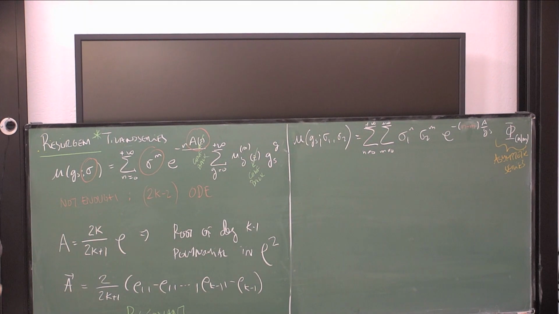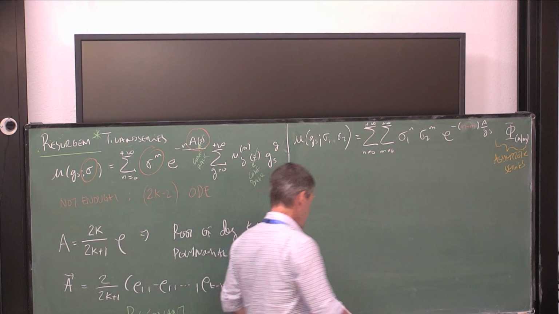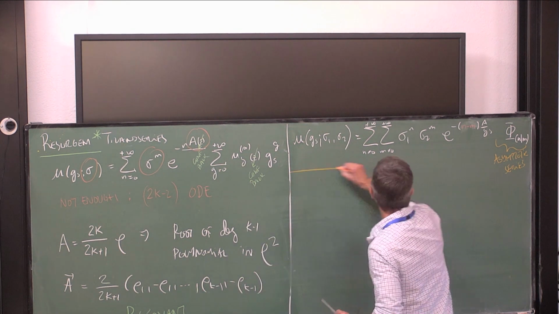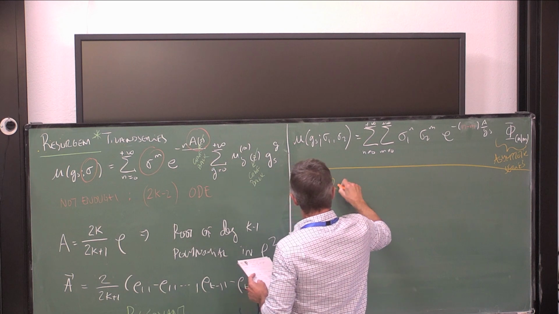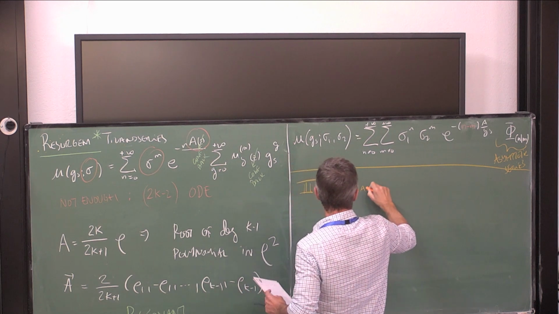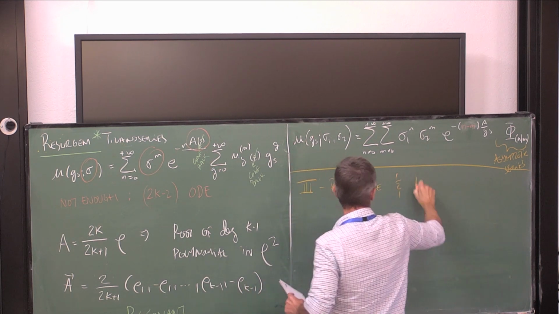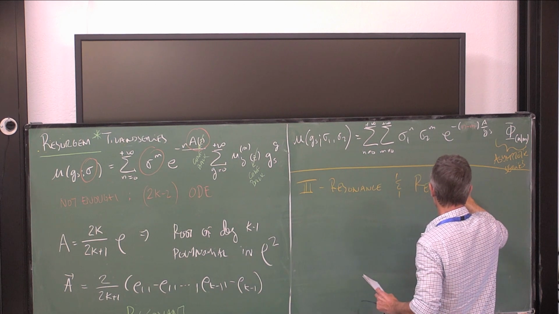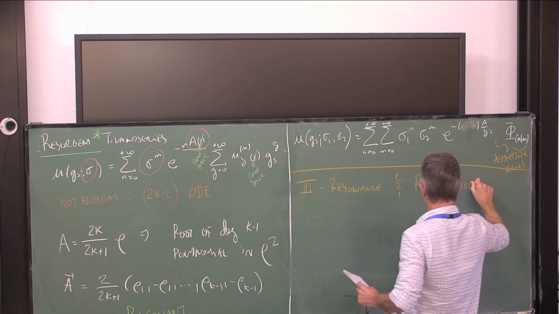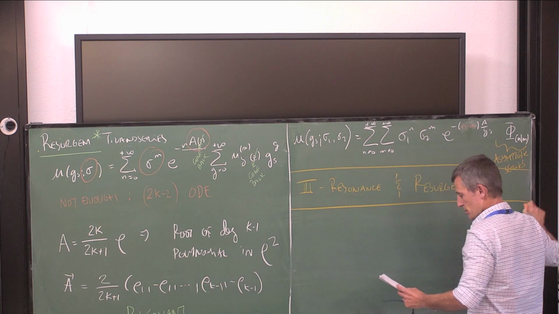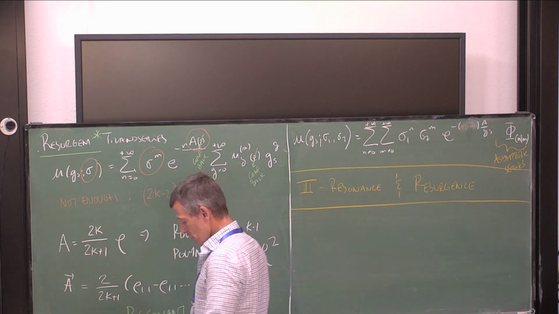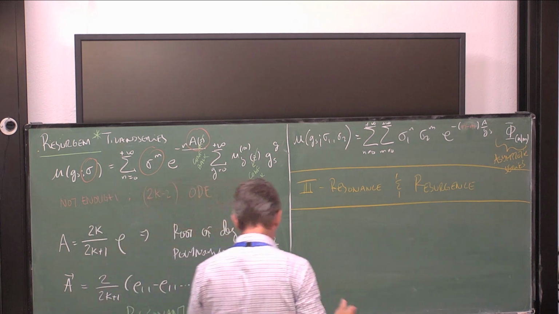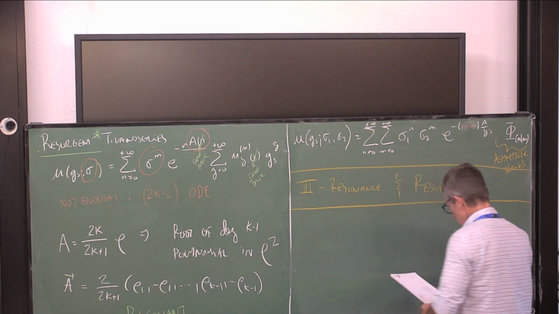Okay, so now we change to part 3, and let's talk a little bit about resonance and resurgence. All right, so the idea of what resonance is from a resurgent point of view is sort of the following.